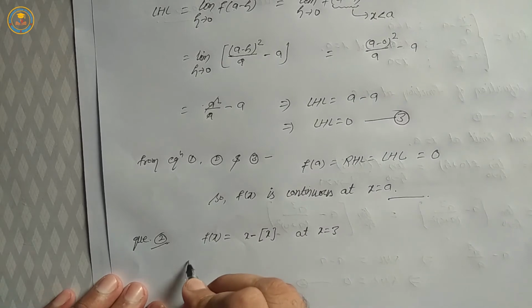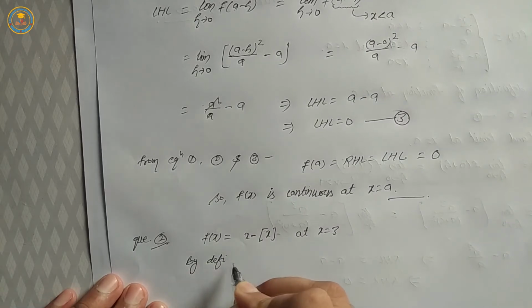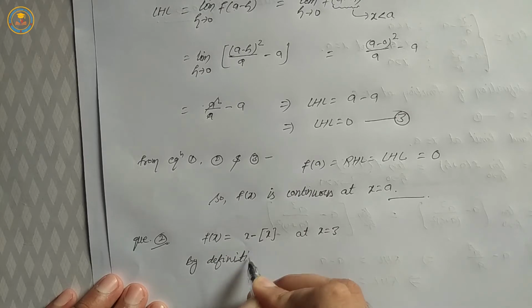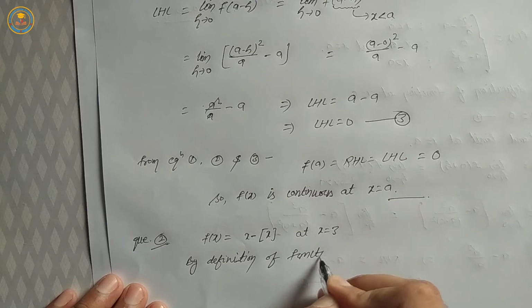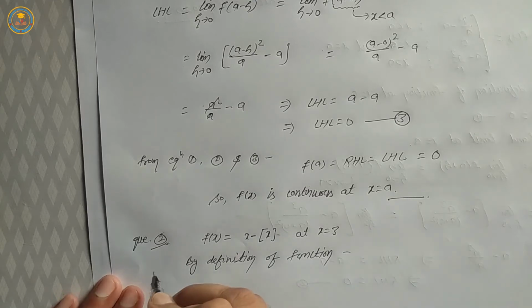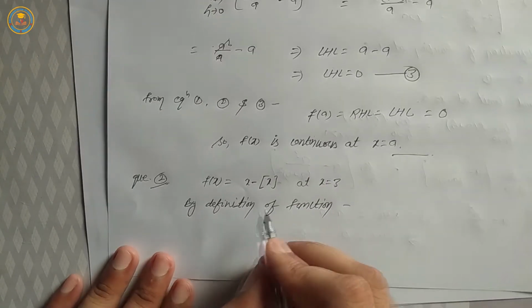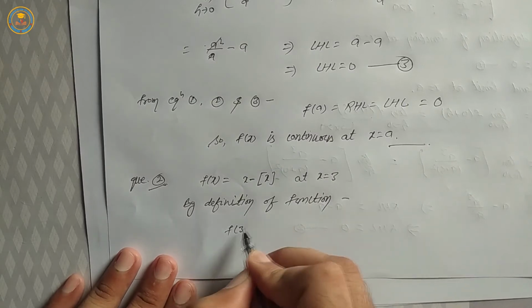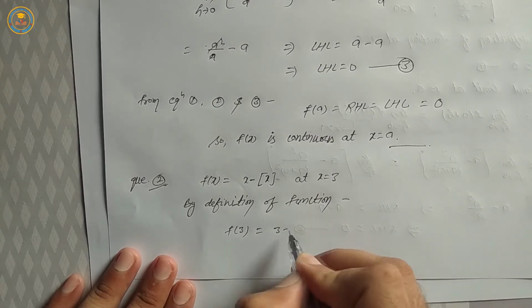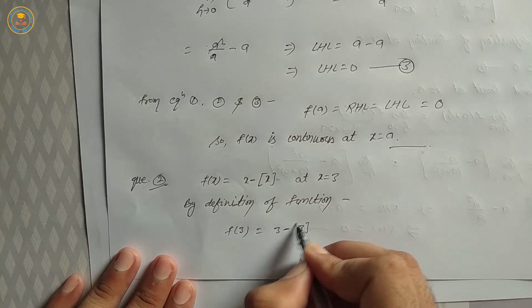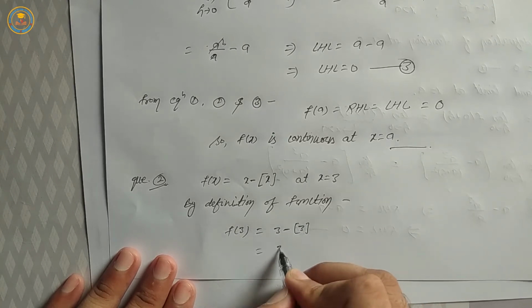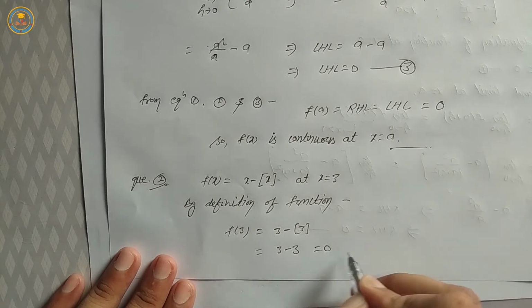First, by definition of function, f(3) is equal to 3 minus maximum integer of 3 is equal to 3 minus 3 is equal to 0.